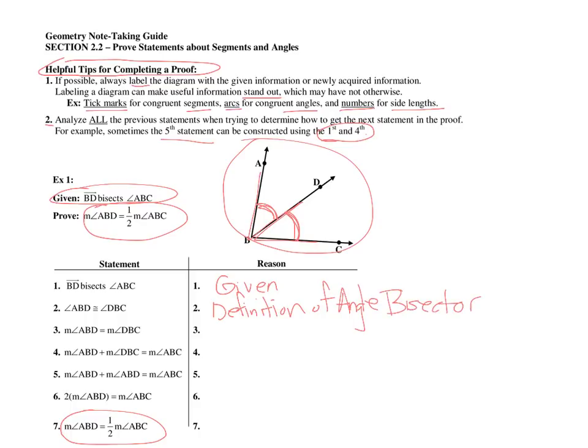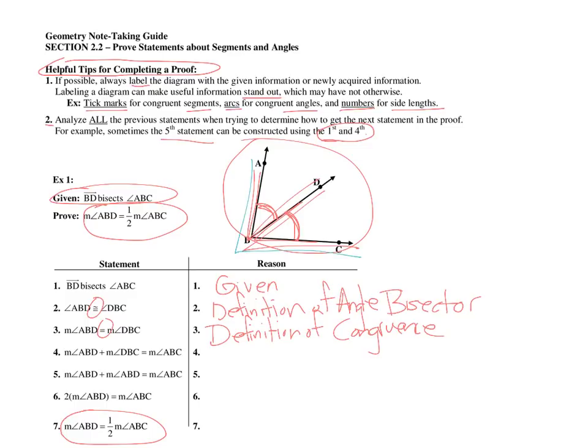Going on to statement 3, the measurement of angle ABD is equal to the measurement of angle DBC. So we went from congruence to equality. Whenever you do that, that's just the definition of congruence. For part 4, ABD plus DBC is equal to ABC, the whole thing.